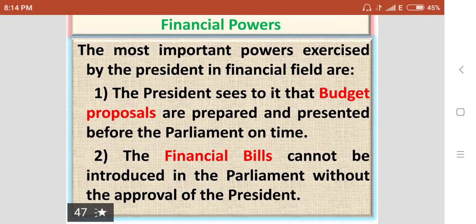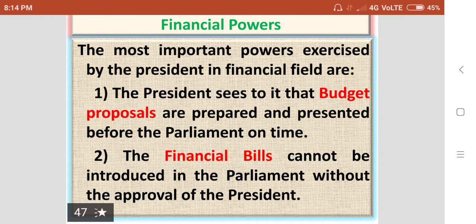Then financial powers of the President. The most important powers exercised by the President in financial fields are: first, the President sees to it that budget proposals are prepared and presented before the Parliament on time. Second, the financial bills cannot be introduced in the Parliament without the approval of the President.